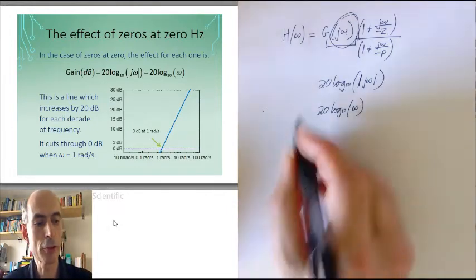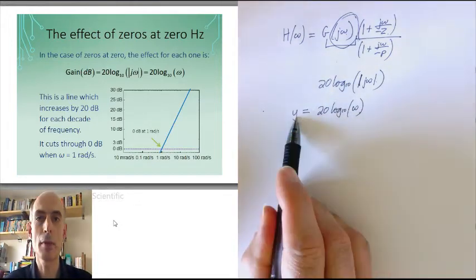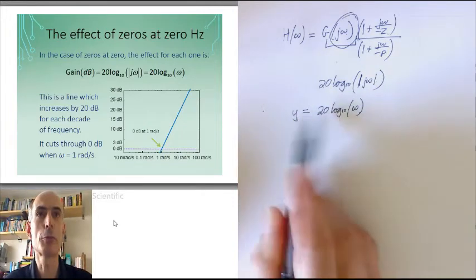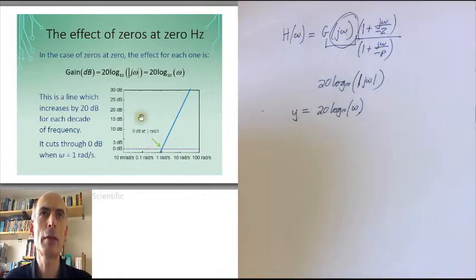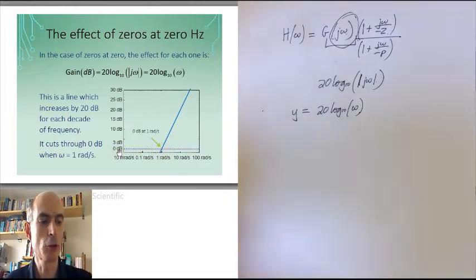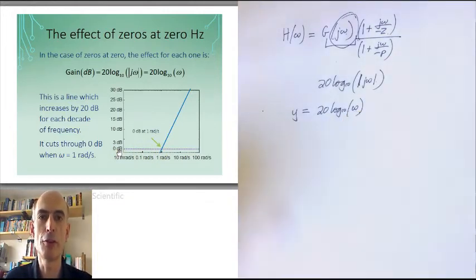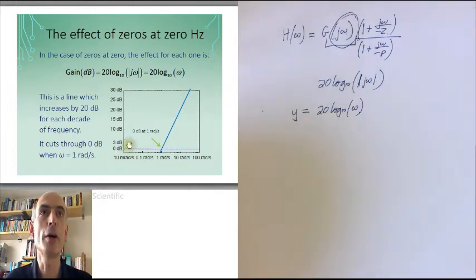If I plot this on a graph, have the y-axis as the contribution in decibels, then I would end up with a graph like this. At 1 radian per second, it passes through the 0 dB point because the logarithm of 1 is 0. Otherwise, it's a straight line if I plot it in terms of the logarithm of the frequency on the x-axis.